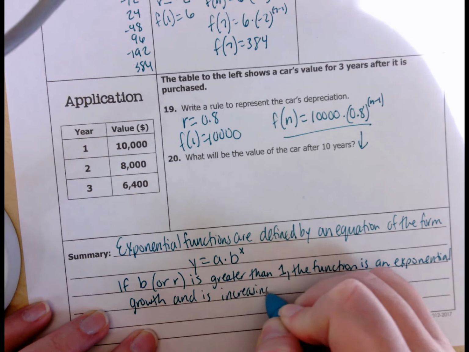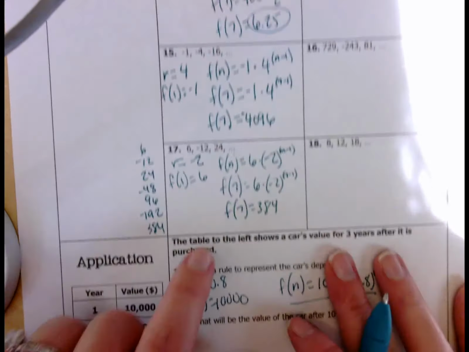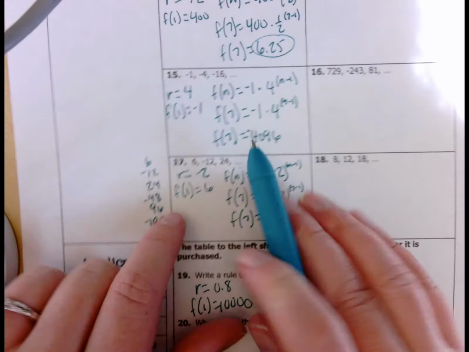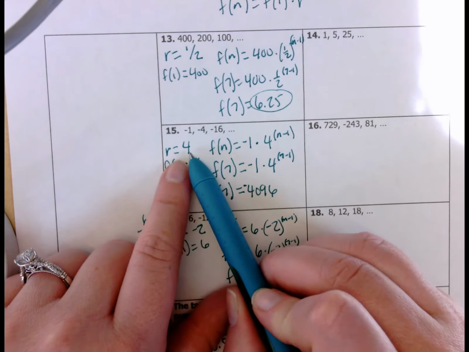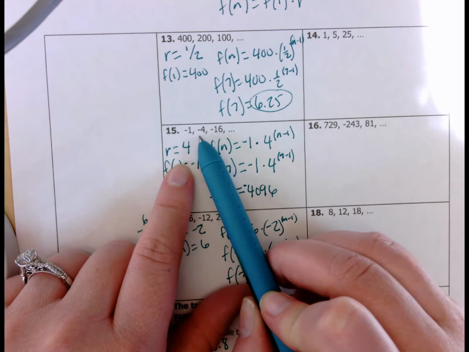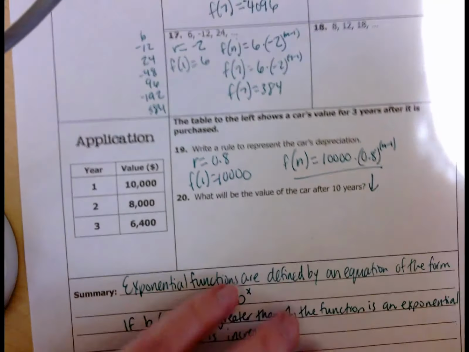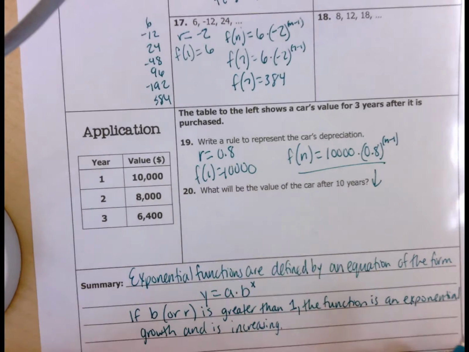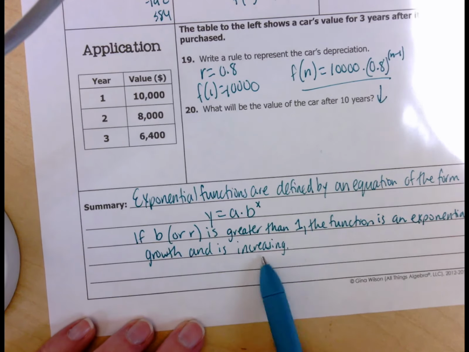Okay, so you'll notice that, for example, we could go back and look at number 15. Number 15, this r value is greater than 1. It's a 4. So what that means is that these numbers are getting exponentially larger as we go. Okay, and so it's an exponential growth, and it's increasing.